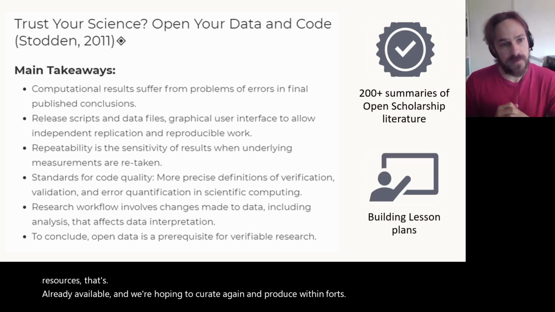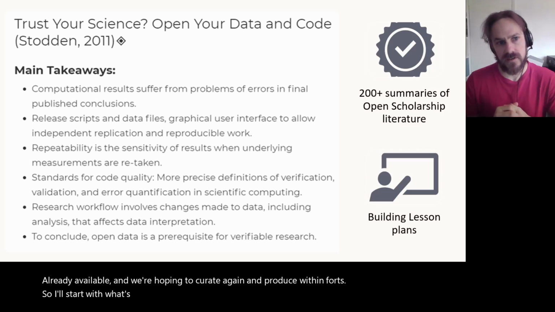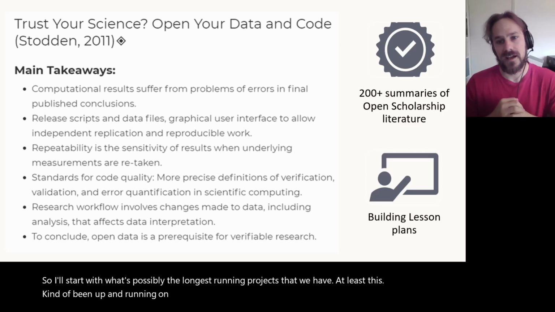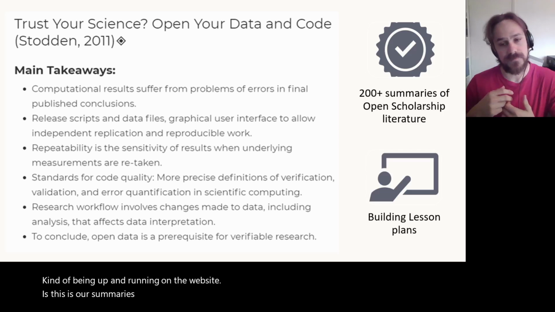So I'll start with what's possibly the longest running project that we have, at least that's been up and running on the website. And this is our summaries of open scholarship literature.